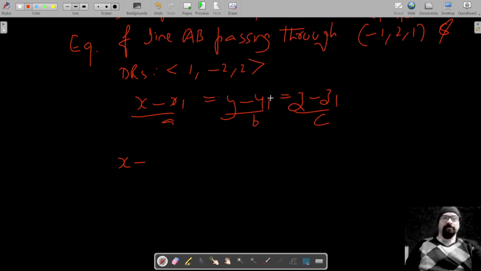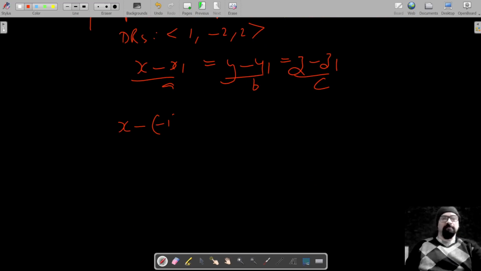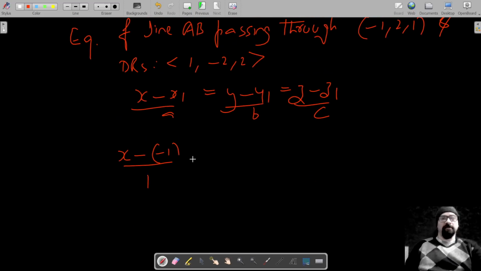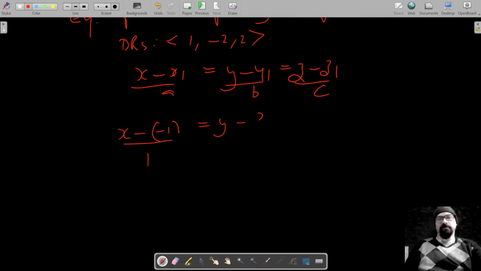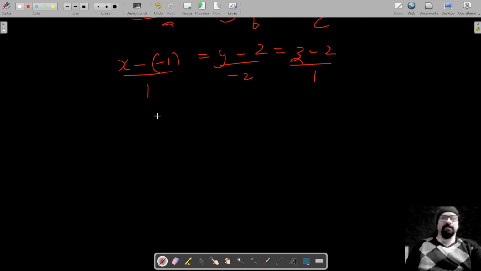So now x minus x1 is x plus 1, and a is 1. y minus y1 is y minus 2, b is negative 2, z minus z1 is z minus 1, and c is 2. So this is the equation (x plus 1) by 1, and let's keep it as it is.